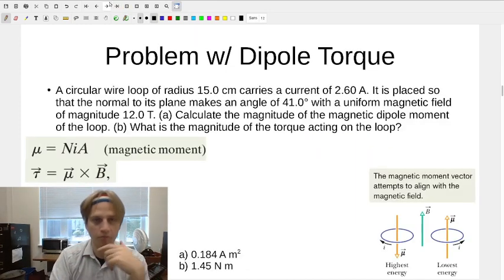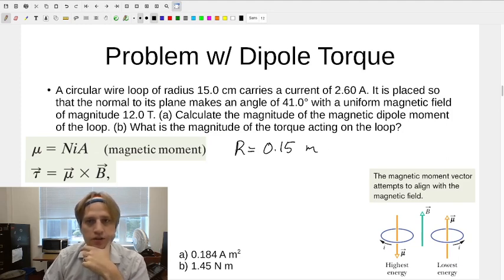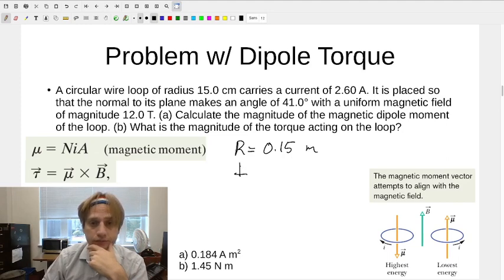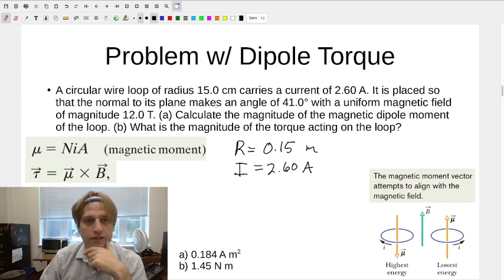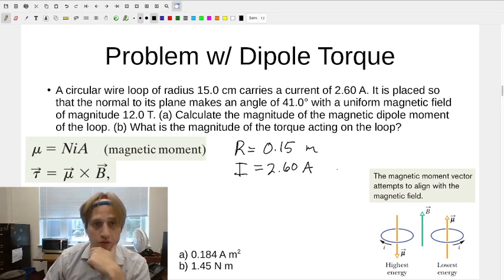Let's do a quick problem with this. If we've got a circular loop of radius r, so our r equals 0.15 meters, carries a current of 2.60 amps. Current is I. It is placed so that the normal to its plane makes an angle of 41 degrees with a uniform magnetic field of magnitude 12 Tesla.